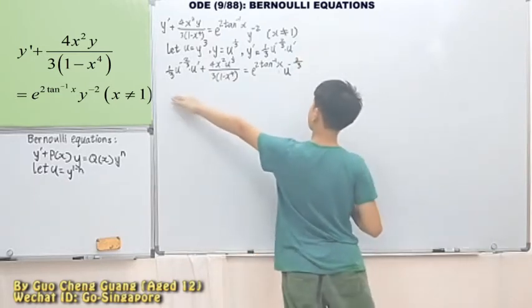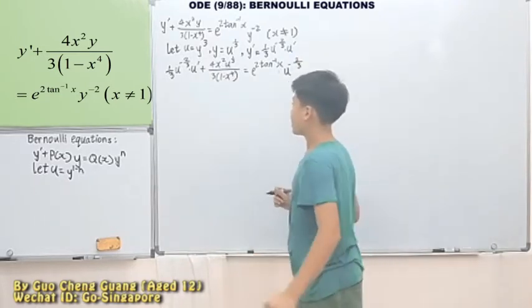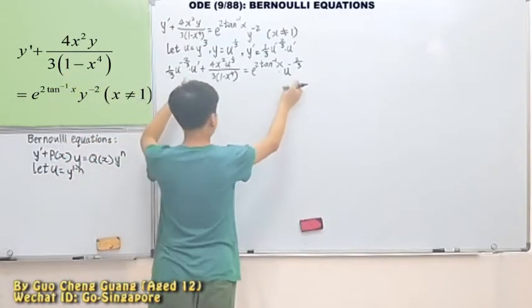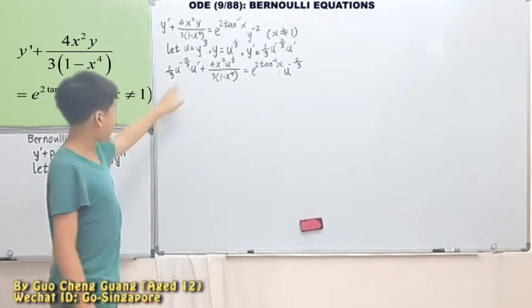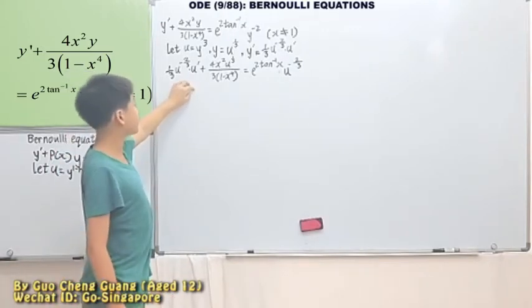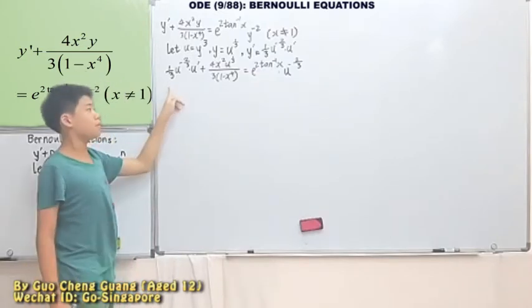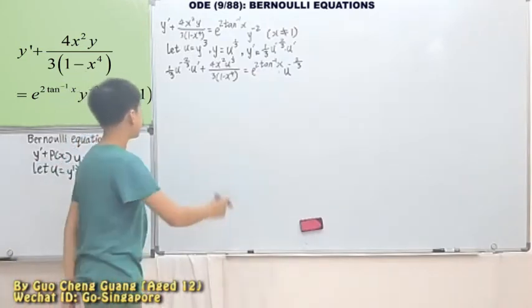So it is like this. After that, we can remove this part and this part at the same time. So just times u to the power of negative 2 over 3 on both sides. Then you can also times 3 on both sides.